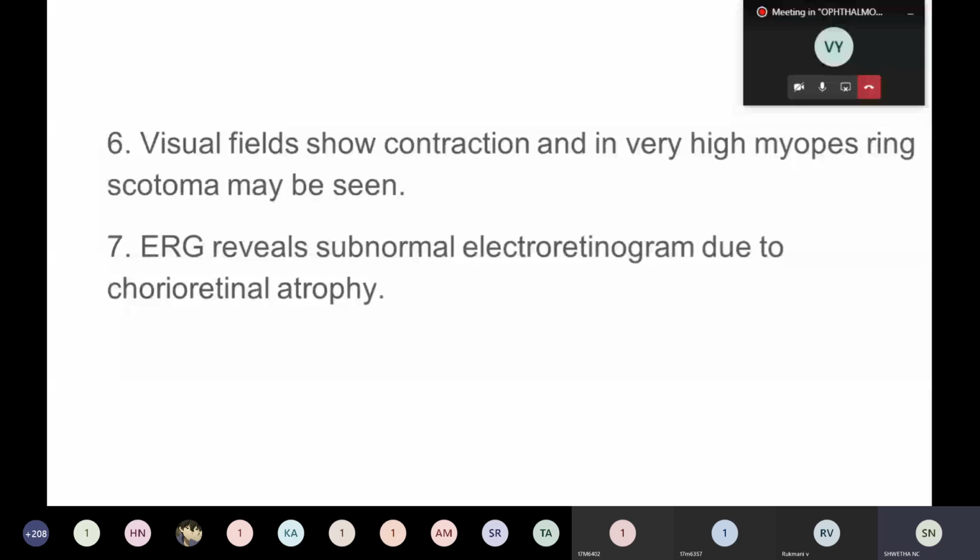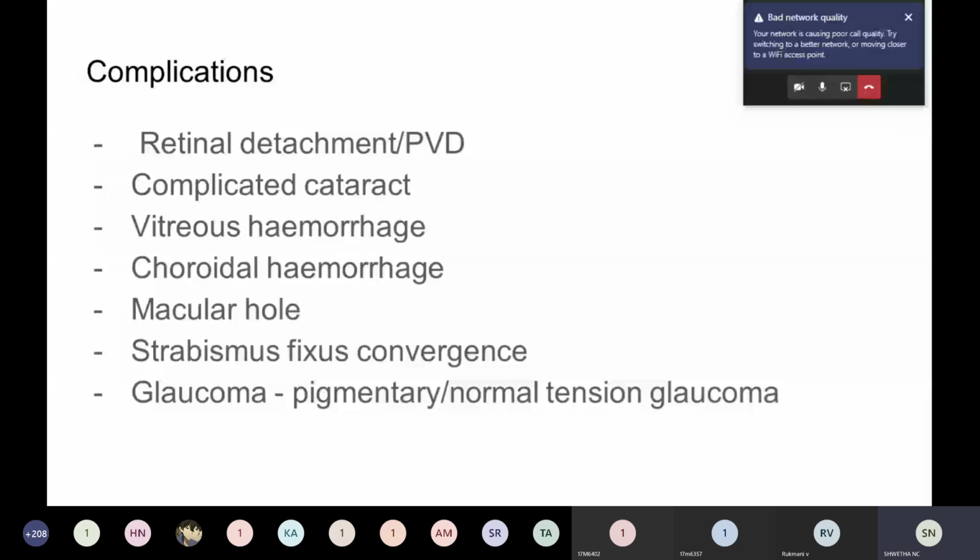So what are the complications if you don't treat myopia in the early period? There are chances of these patients going for retinal detachments because of the lattice degeneration. There may be a hole or cracks in the retina, which will cause the detachment.